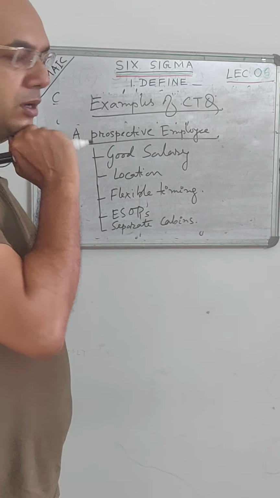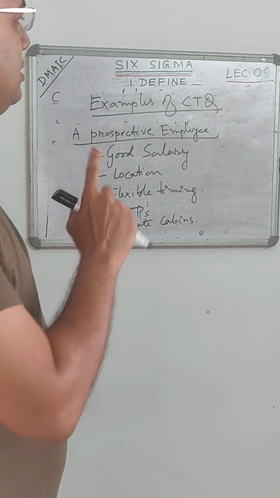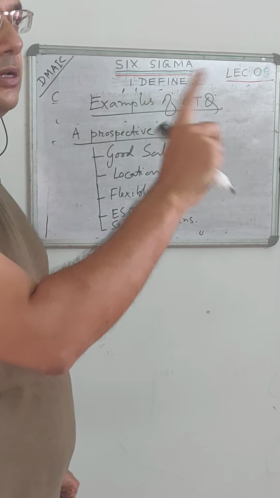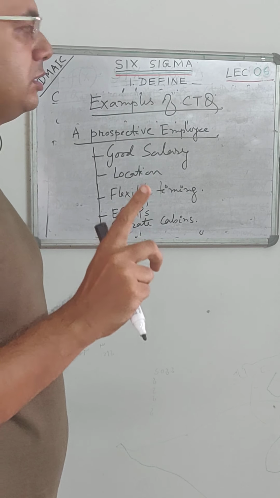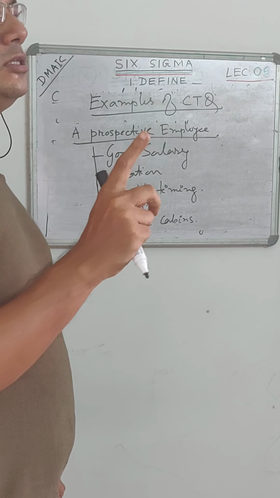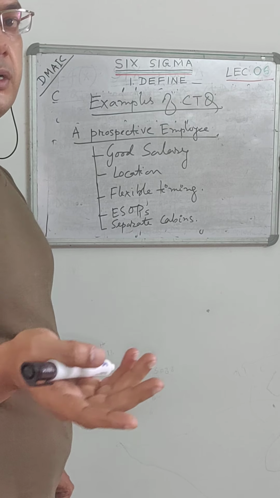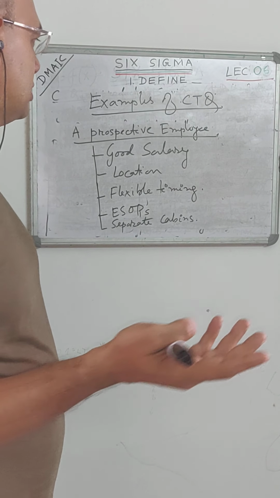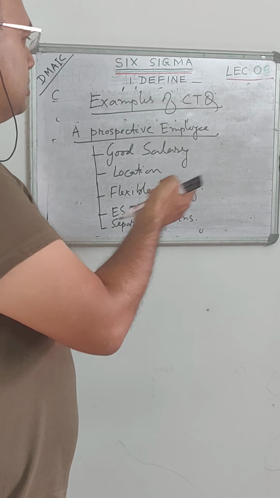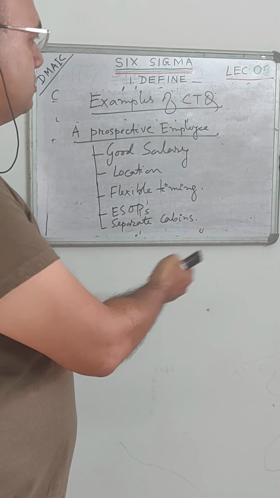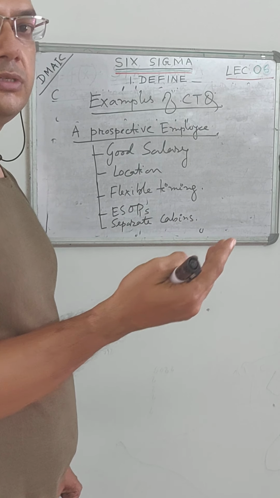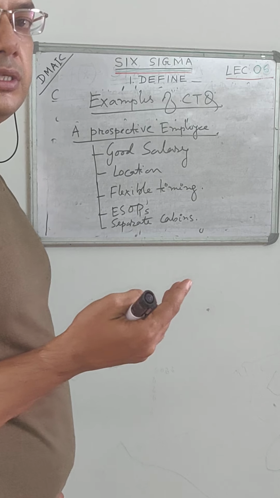Okay. So what we have learned in this lecture, we have to define the customer CTQ and business CTQ. Business CTQ is based on process requirements, internal customers and external customers. So defining CTQ is very critical. And how will we find out the CTQ?